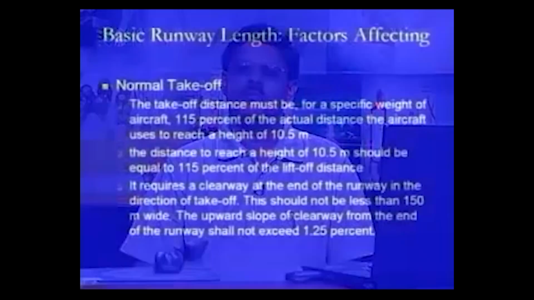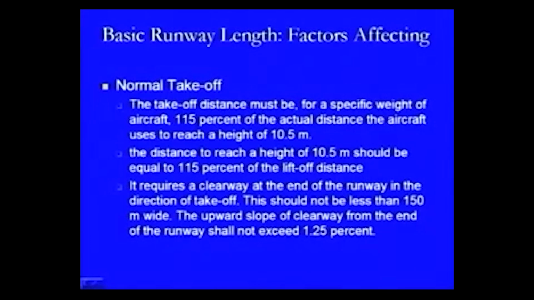That is why the clearway has to be provided in the direction where the takeoff is going on, but in the direction where the landing is going on, there is no need of providing clearways, and it should not be less than 150 meters wide. The upward slope of the clearway from the end of the runway shall not exceed 1.25%. That is the specification required for any clearway being provided.